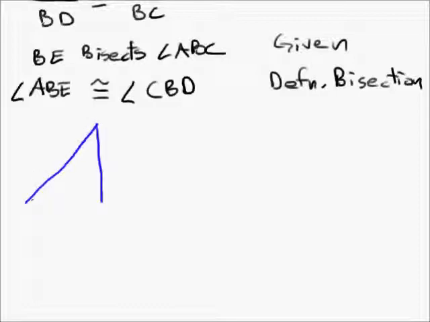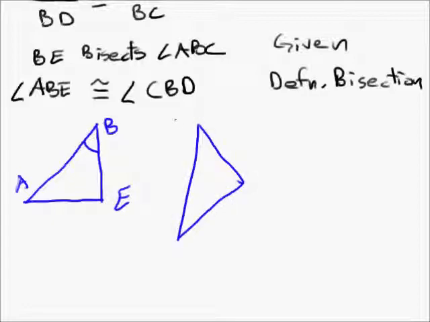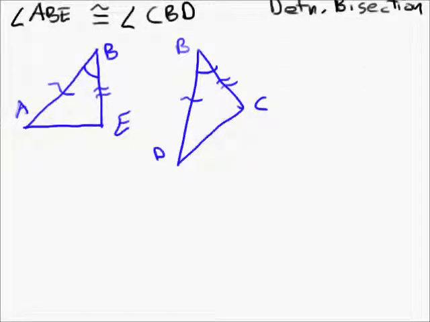We've got right here triangle ABE, and then I've got triangle BDC. I've got these angles congruent, this side proportionate, this side proportionate. So that is going to give us similar triangles.